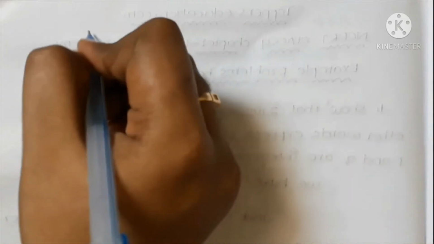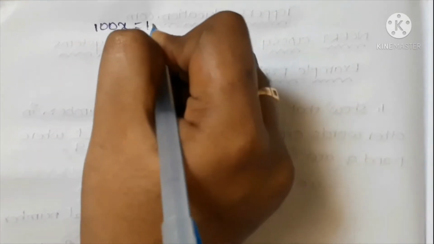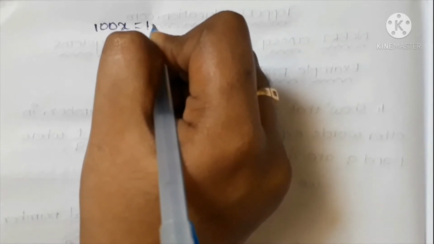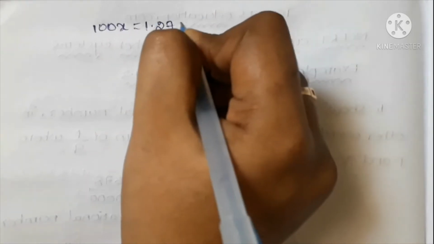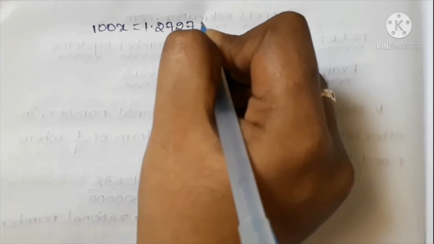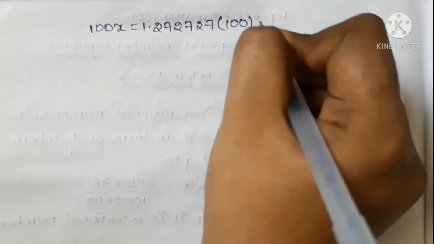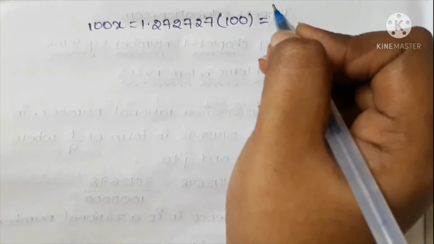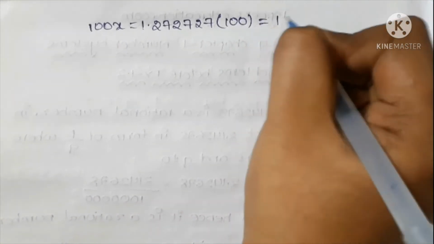And now 100 into x is 100x, that equals 1.272727 into 100, that is 127.2727.